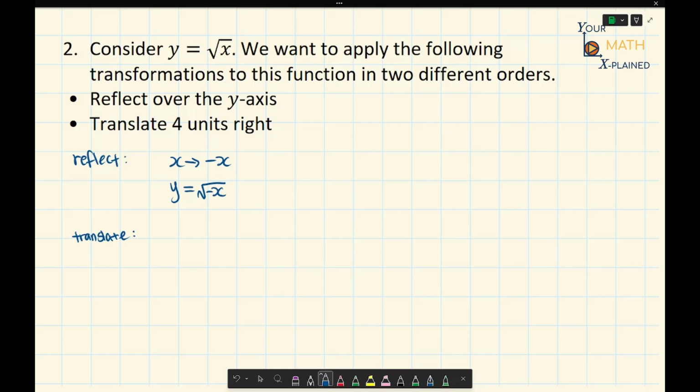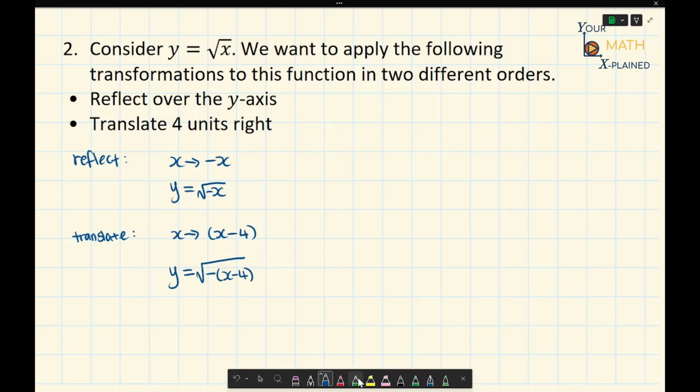So we're translating 4 units to the right. Again, that affects our x, which means we replace our x with x minus 4. So this means our equation becomes y is equal to the square root of negative, and then in brackets, x minus 4.